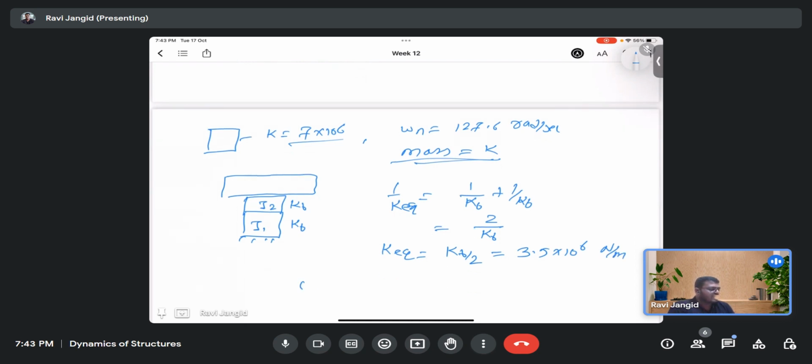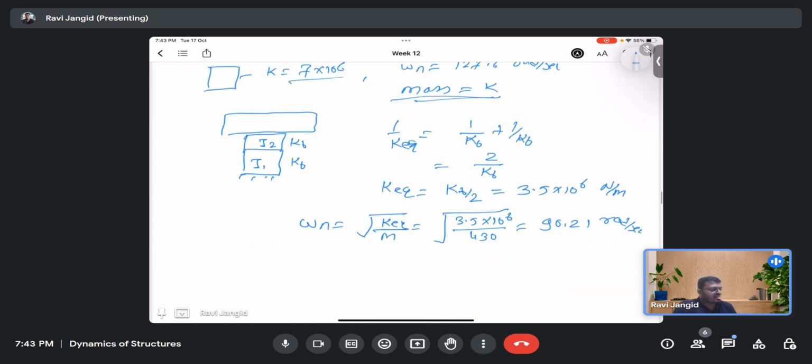So now my omega n would be the square root of K equivalent by M. K equivalent is 3.5 into 10 raised to power 6, divided by 430 kg. How much omega n am I getting? 90.21 radian per second.